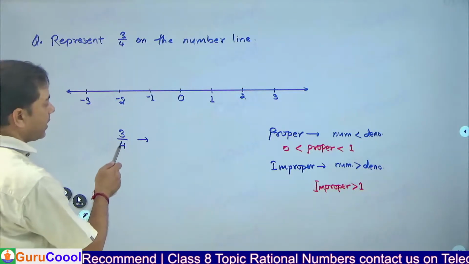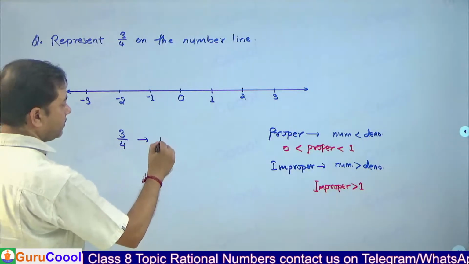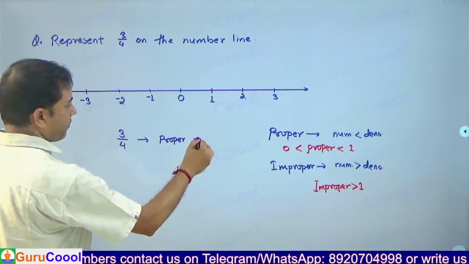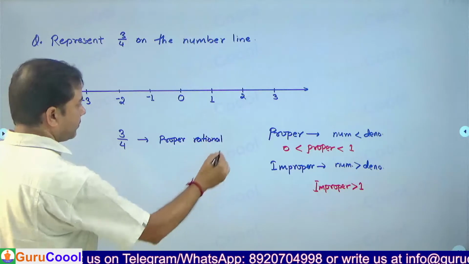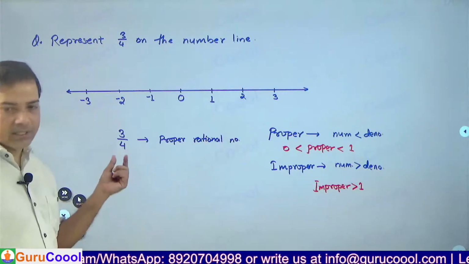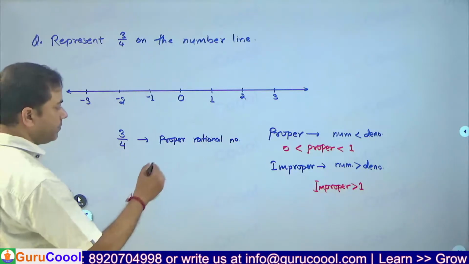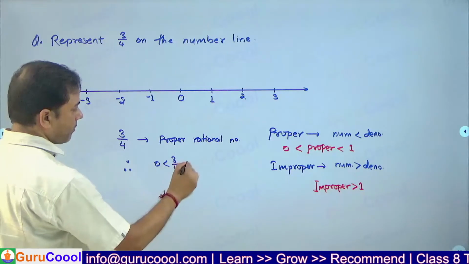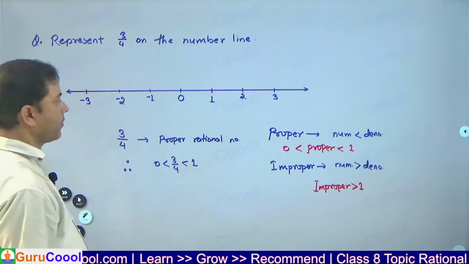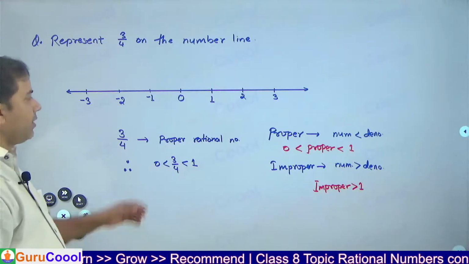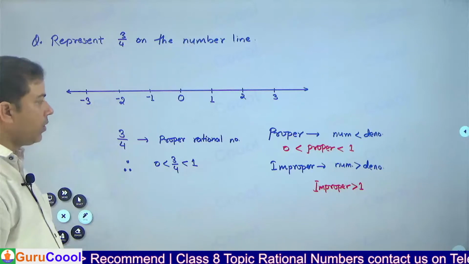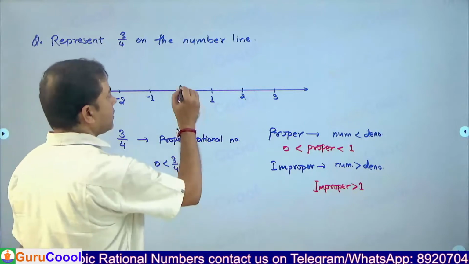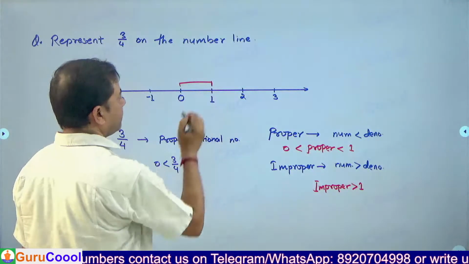Since the numerator is smaller than the denominator, it is a proper rational number, and since it is proper, it lies between 0 and 1. So first of all, we have to identify whether our rational number is proper or improper. If it is proper, that means it is between 0 and 1. So this rational number lies between 0 and 1 here, nowhere else.